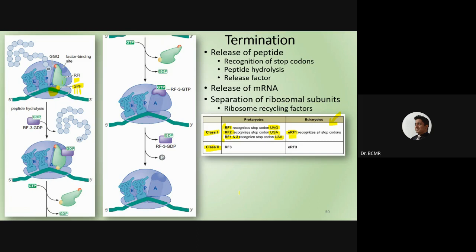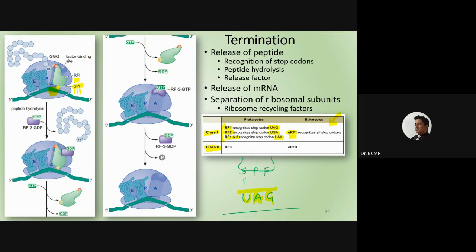Say, for example, this is UAG, that is recognized by RF1. Okay, here I put UAG. That's the stop codon. The tip of the RF1 supposedly has serine, proline, phenylalanine.